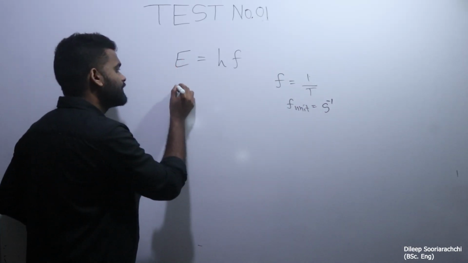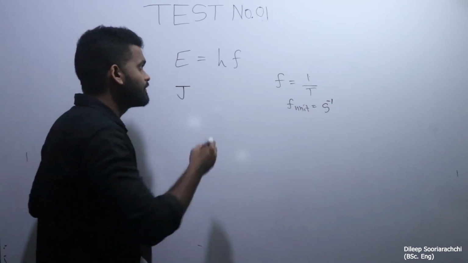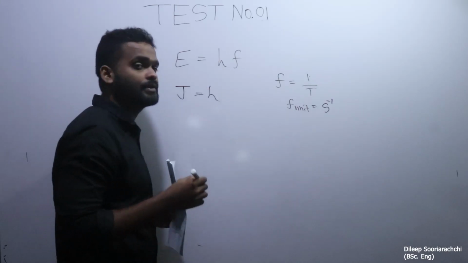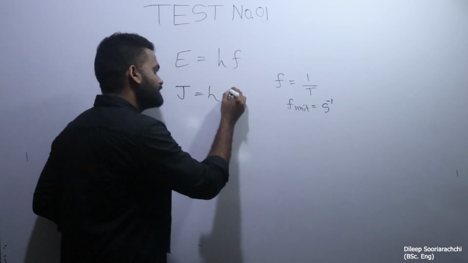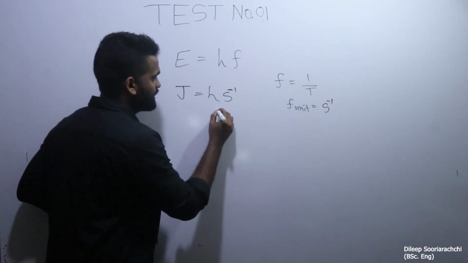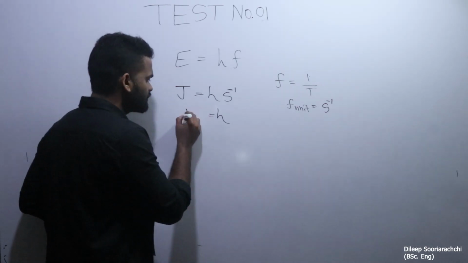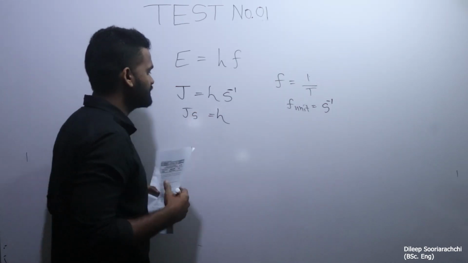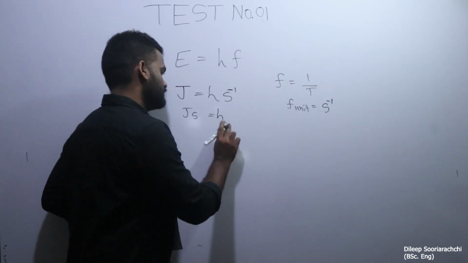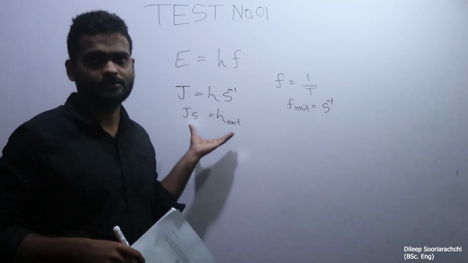Energy is measured in joules, then h is the Planck constant, and f is the frequency, measured in per second. So then you have to make h the subject, that is the Planck constant. If you do that, it becomes joules second. So joules second is the unit of Planck's constant.